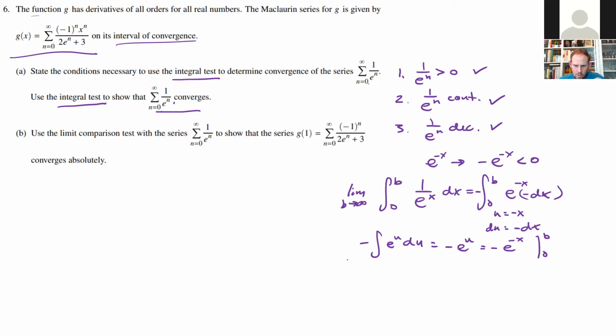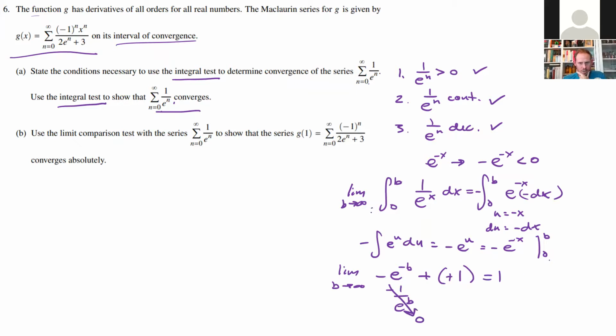So we're going to get the limit as b goes to infinity of negative e to the negative b minus negative 1. If we plug in 0, we're getting negative 1. Now as b goes to infinity, this is basically negative 1 over e to the b. So this whole thing is going to go to 0. So we're just getting 1.